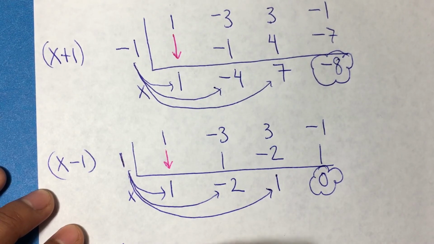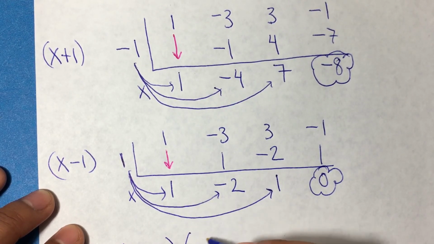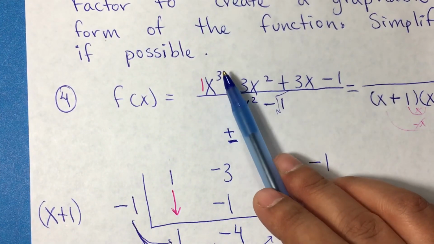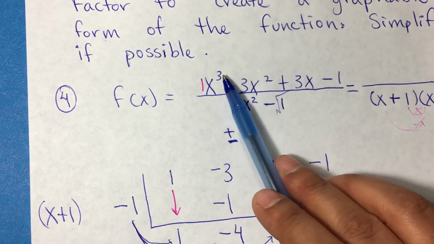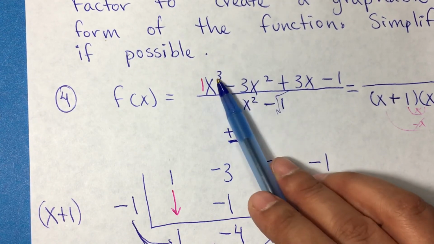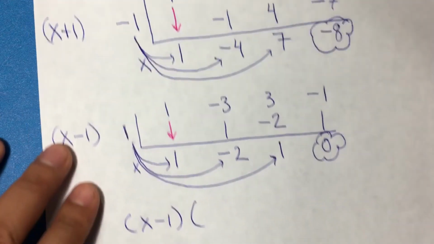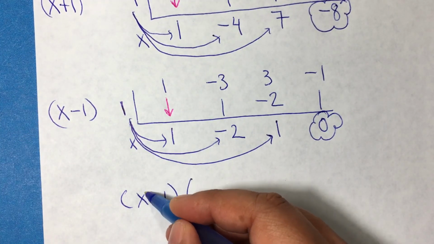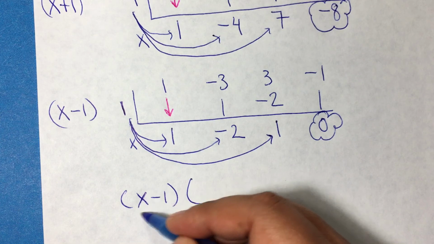And we write x minus 1 times, this is the coefficient to the next, in descending order, the next variable. So x to the second power. And the reason is because we took one of those, x to the third, one of those is here.